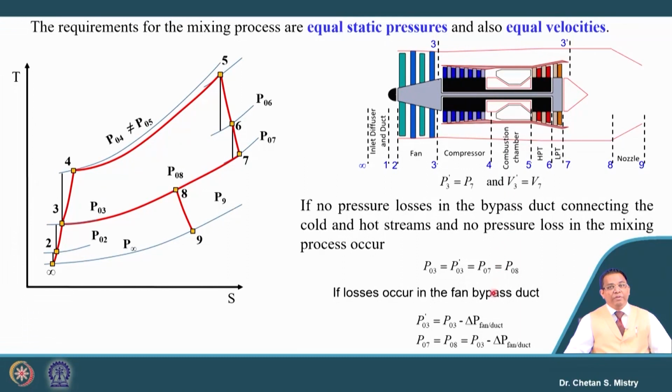That is what has been represented here, losses within the fan duct. You may have a loss here, and that is the reason why P03, P03 dash, P07 and P08 will all be the same. Then only will we have proper mixing, and this is a must. That is the reason why this cycle is somewhat different from what we have discussed up till now.